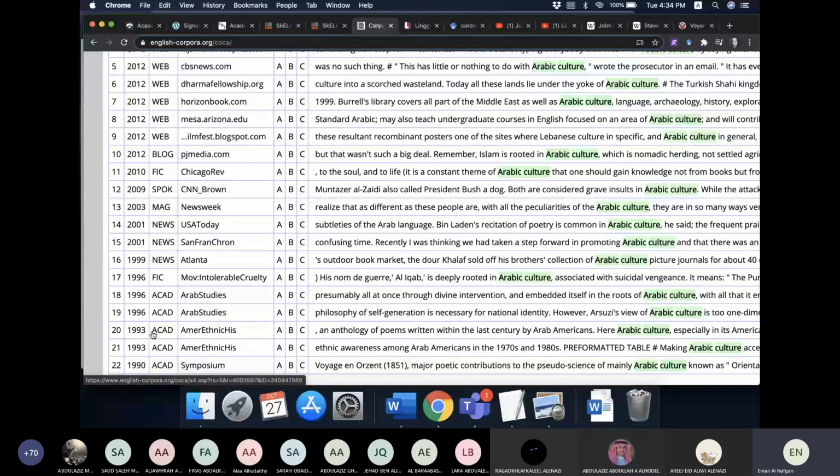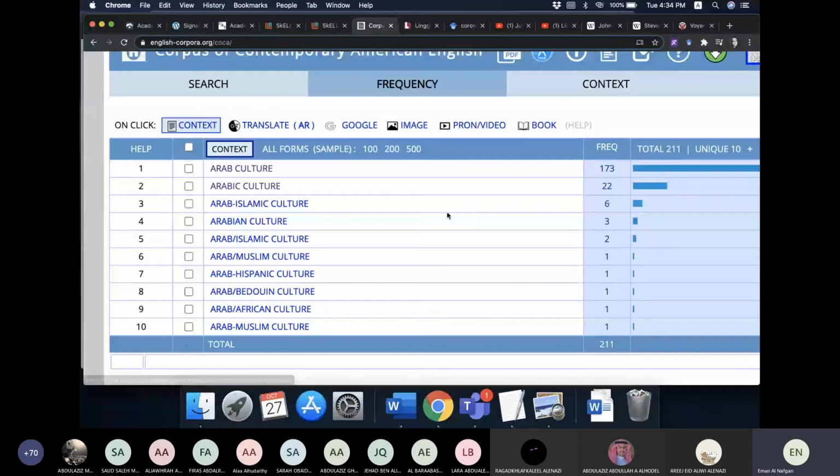So Arabic culture is old. It doesn't only occur less, it's older. Currently, people prefer Arab culture by number and by context. Where Arab culture occurs is much more highly respected than where Arabic culture occurs. Understood? I have a question.